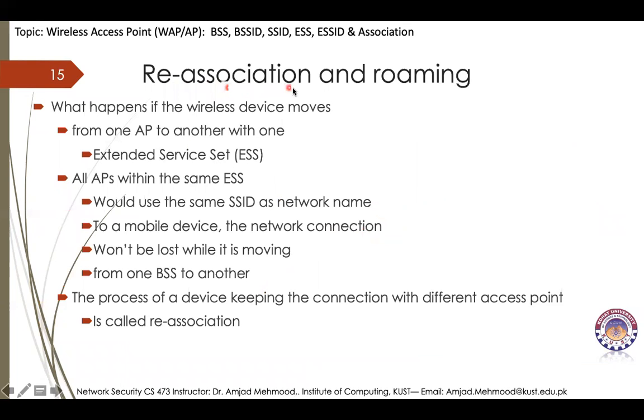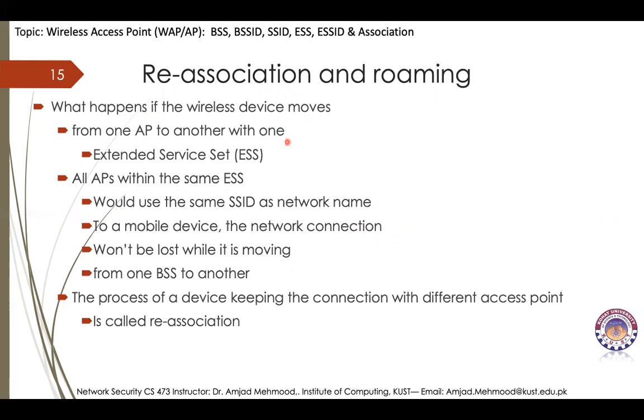Now, reassociation and roaming. When does it happen? If the wireless device moves from one AP to another, as we were saying, you can move seamlessly from one AP to another AP without interruption of your communication.